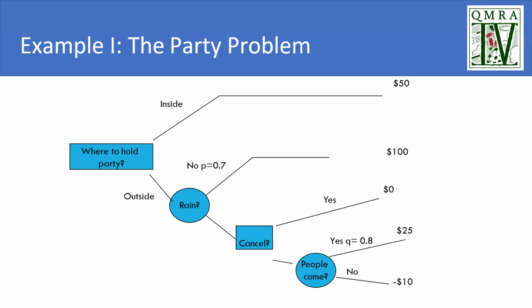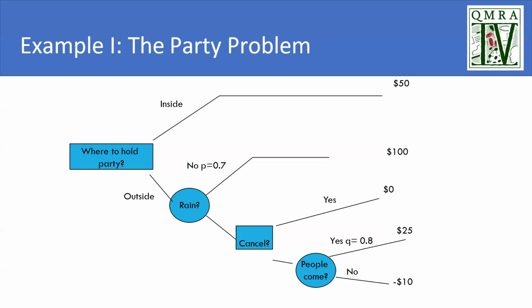If we hold it outside, there is a chance that it will rain. And we can assign that chance of being 0.3, where it not raining is going to result in a probability of 0.7. If it does rain, we can make another decision.